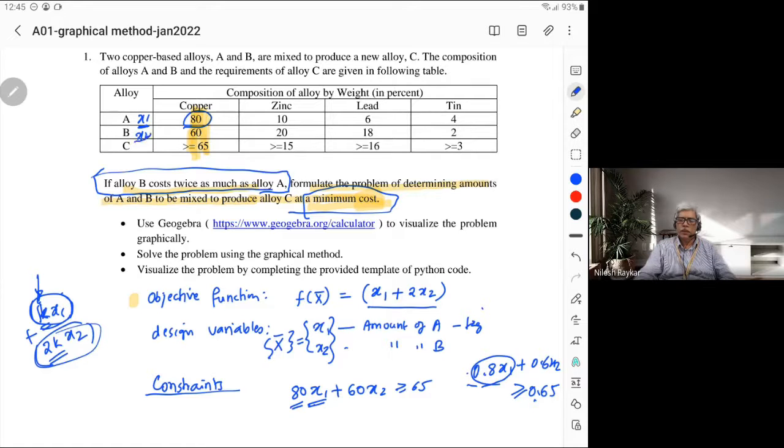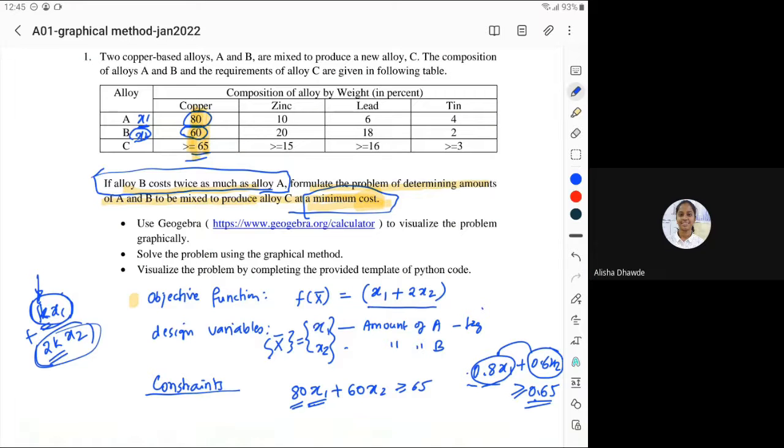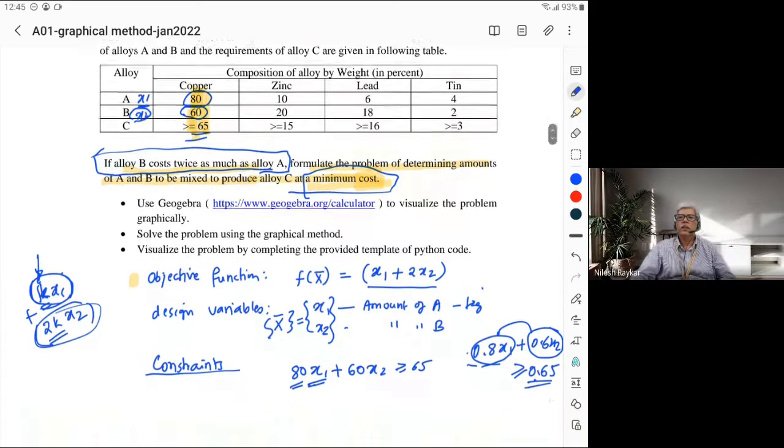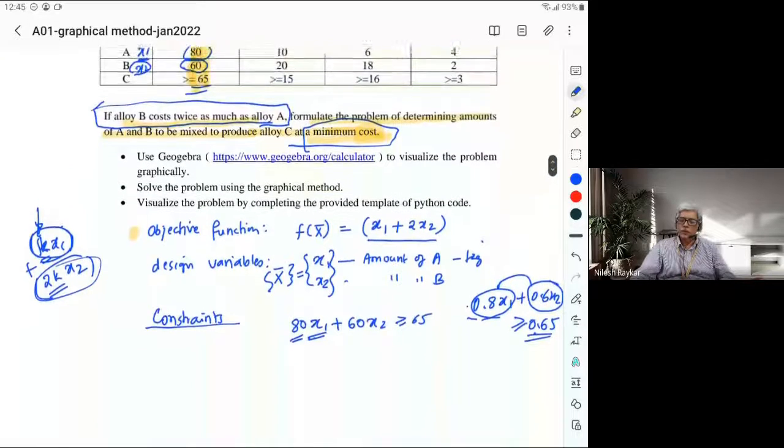Similarly, when you are taking x2 as a fraction of alloy B, you will have 0.6 times x2 as the amount of copper there. If you add these two together, that should be more than 0.65. That's what has been said. Does anybody have any doubt or question on that? No, sir. Yeah. So tell me the other equations.